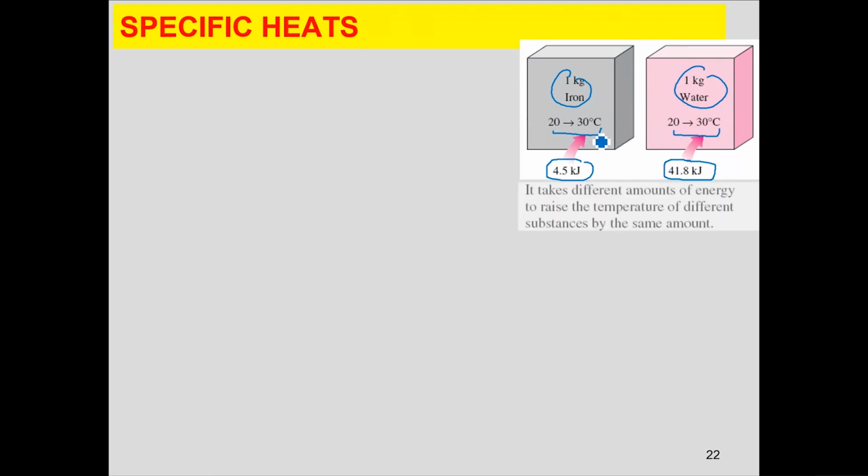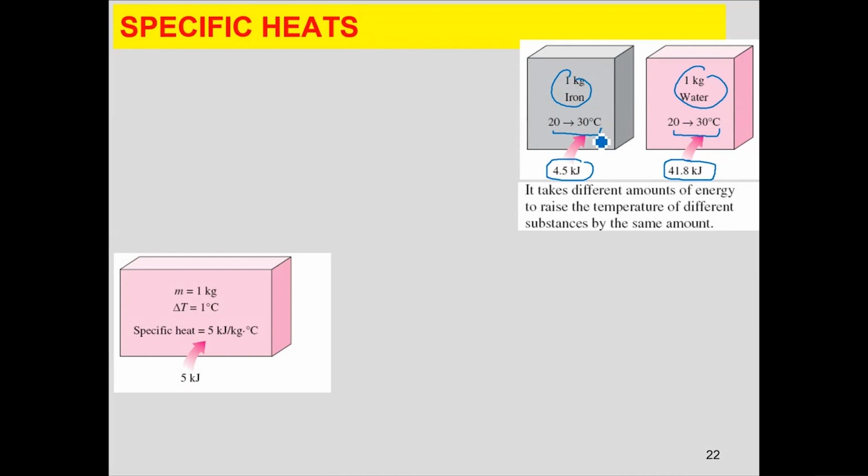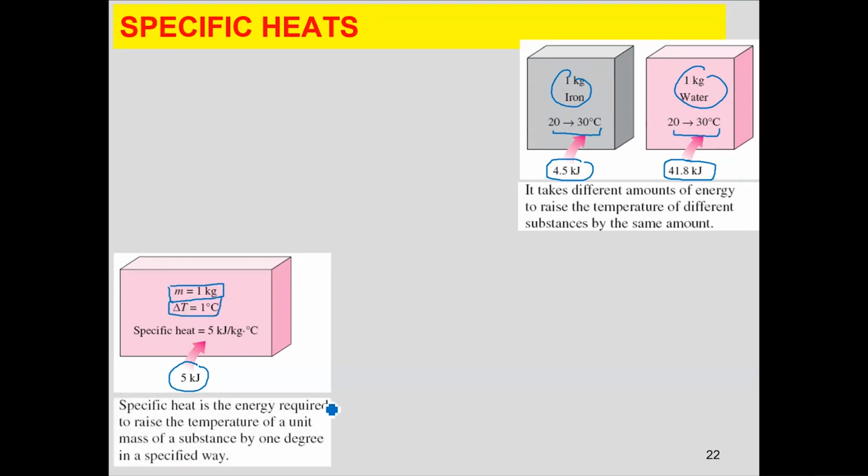Having this in mind, we have defined the term specific heat, which is the energy required to raise the mass of 1 kg by 1 degree centigrade in a specified way.